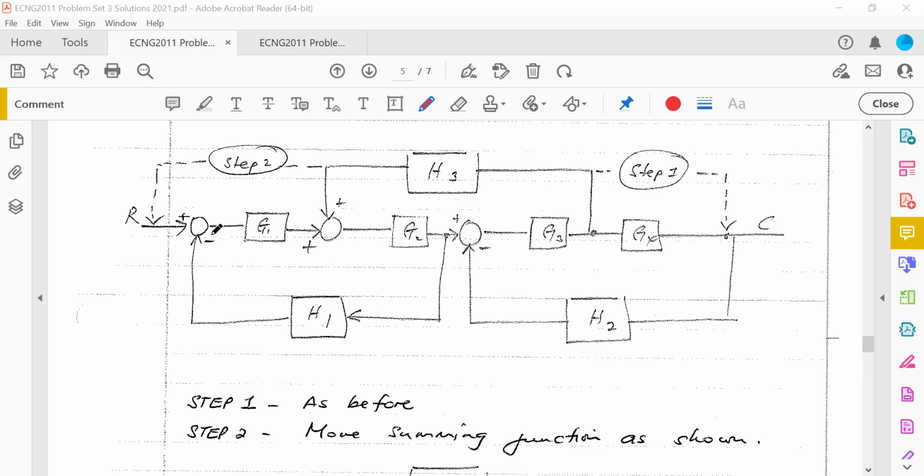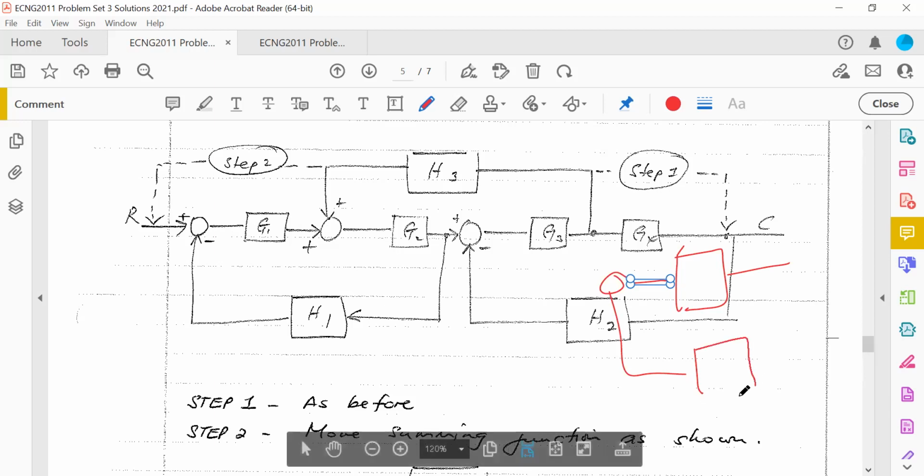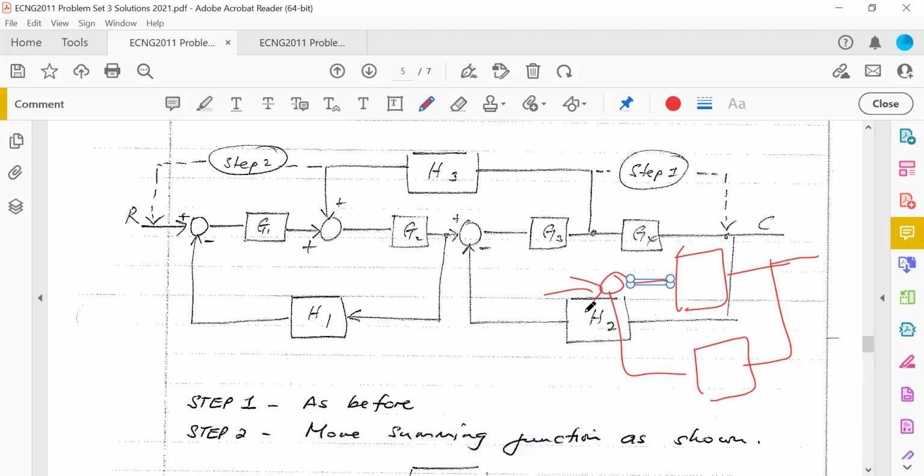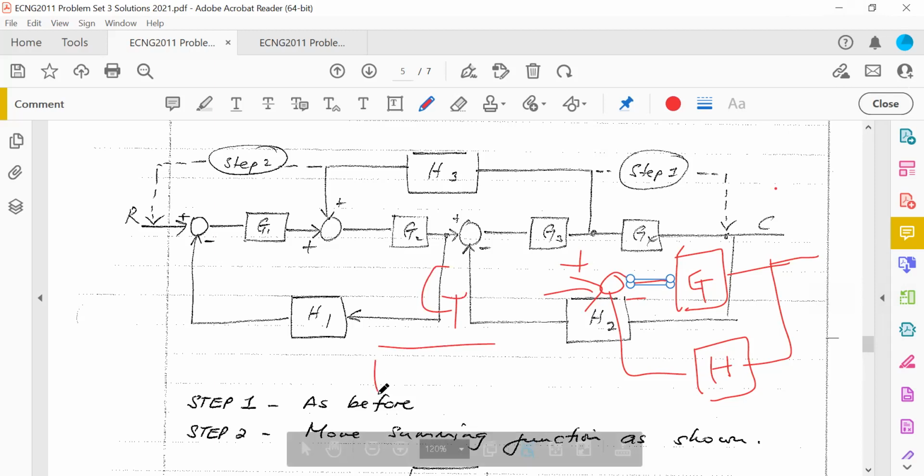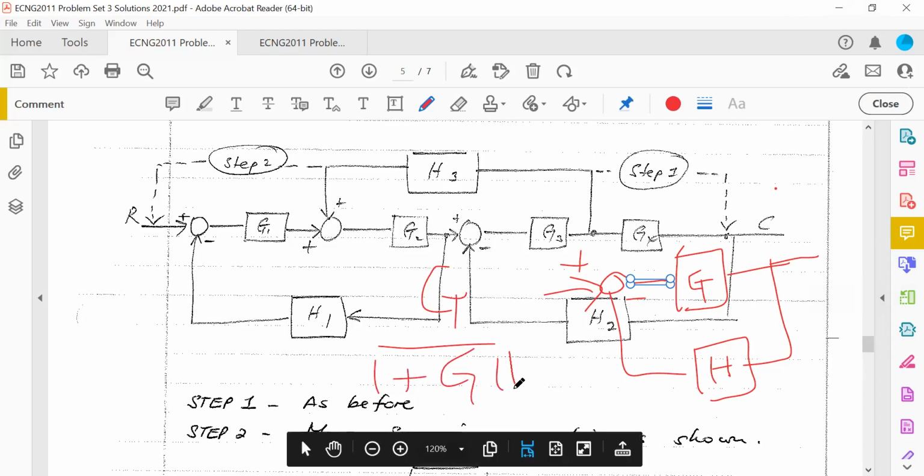So for instance, let me see if I can draw this somewhere here. Yeah, my stylus doesn't work good with PDFs, unfortunately. Right? So G, H. If we have something like that, if the feedback is negative, we know that the overall transfer function is G over 1 plus GH.